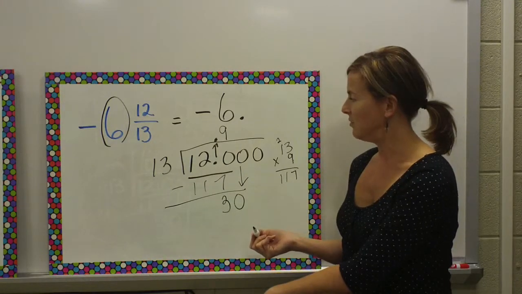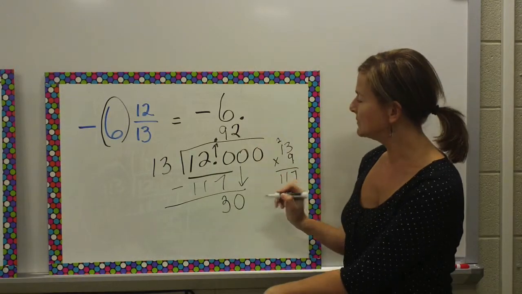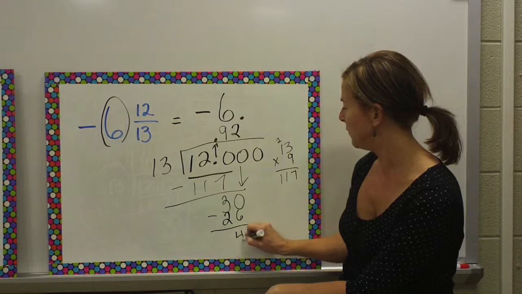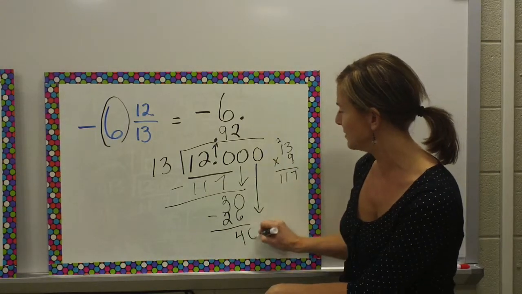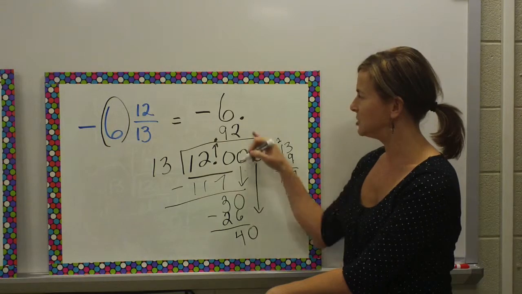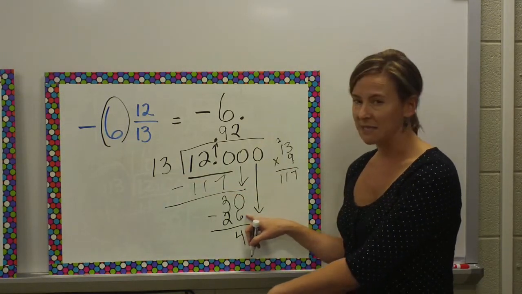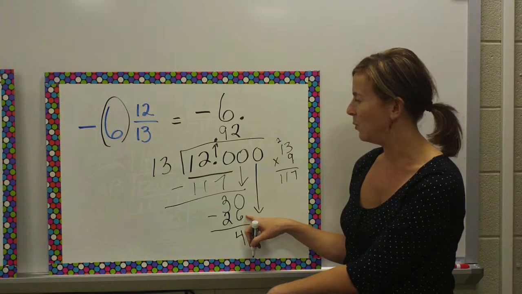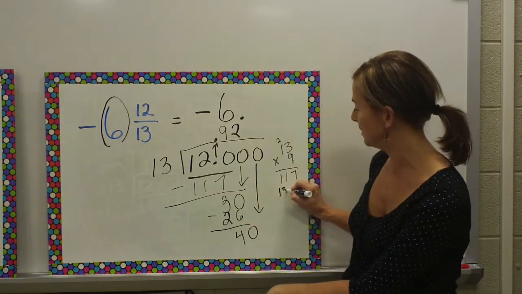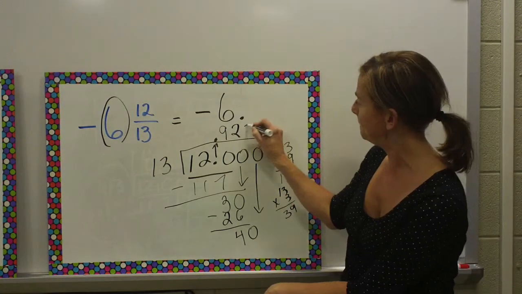Well, I know that I can get 2 13s out of 30. 2 times 13 is 26, and I'm left with 4. So I bring my 0 down. Well, let's see. If I can get 2 13s out of 30, I'm guessing that I won't be able to get 4 13s out of 40, but 3 should work. 3 times 13 is 39. Yep.